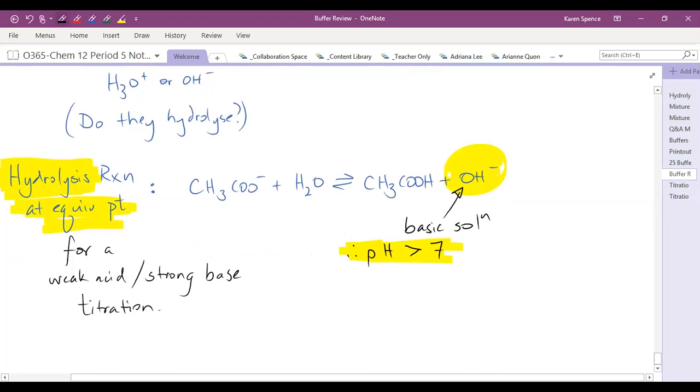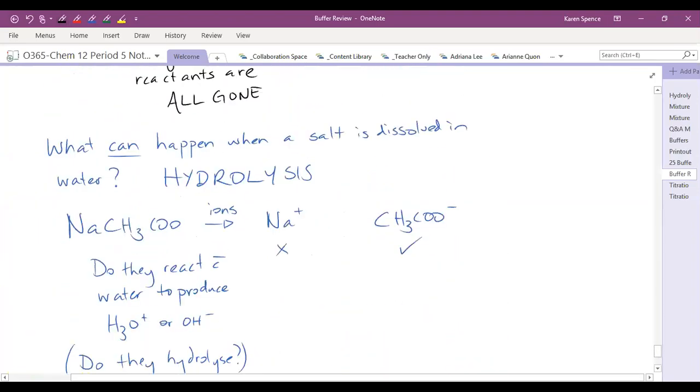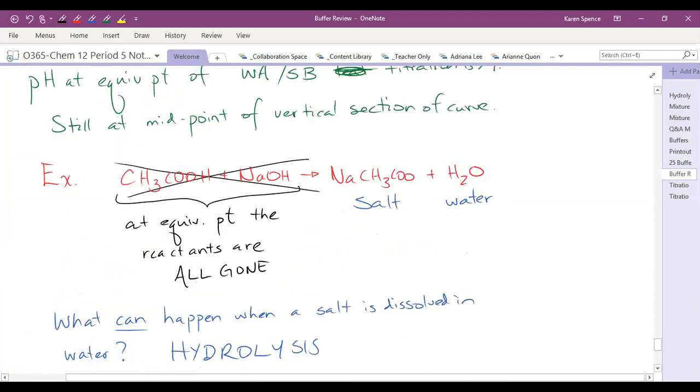Okay. And I think that would be a good point to leave it at for today. So you've just sort of taken a look at the curve of a weak acid, strong base. Okay, so just to quickly review the differences.